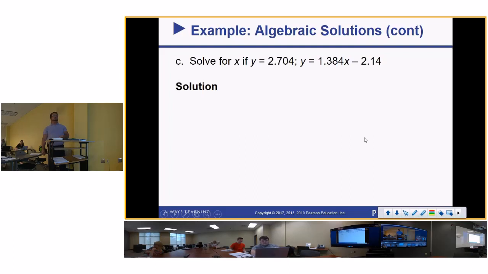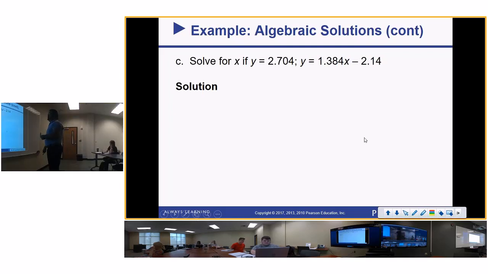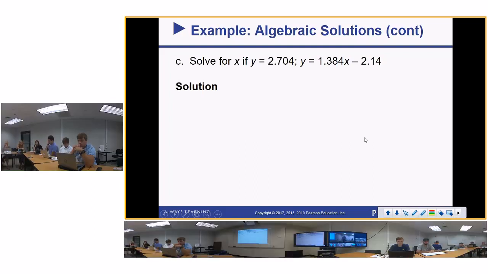Looks like they want you to set them equal to each other. But what are these? These are not fractions, these are what? Decimals. Calculator or multiply through by 1,000? Why would I multiply through by 1,000? To make them all what numbers? Whole numbers.